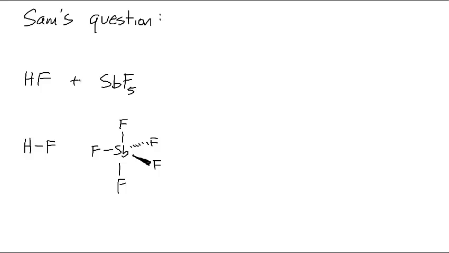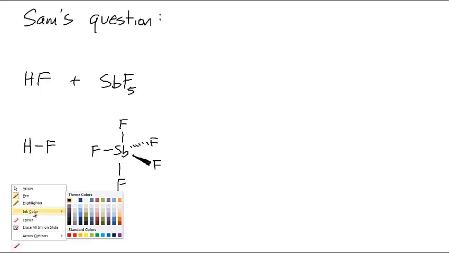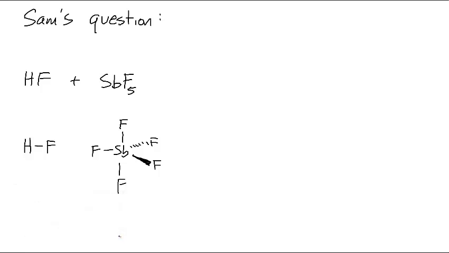what happens is this antimony, for whatever reason, is really attractive to lone pairs, and so the fluorine just can't help itself and is like, you know what? That antimony looks so electron starved. I'm going to share a lone pair with it.